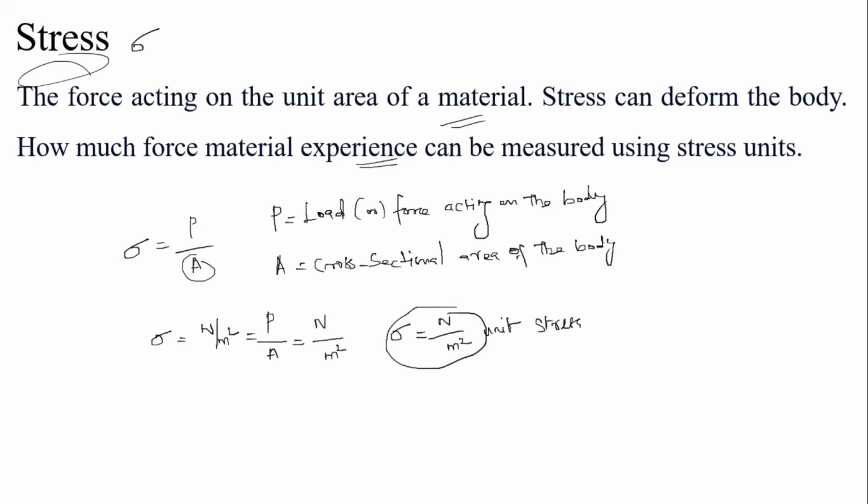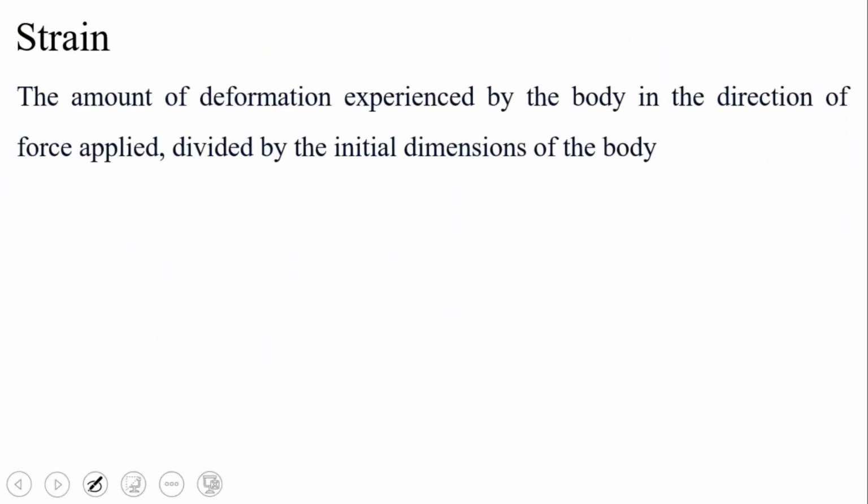This is the unit of stress, right? Now let us discuss the next topic called strain, right? Strain is the amount of deformation experienced by the body in the direction of the force applied divided by the initial dimensions of the body. Whenever forces act on a body, it undergoes some deformation. That deformation per unit length is known as strain.